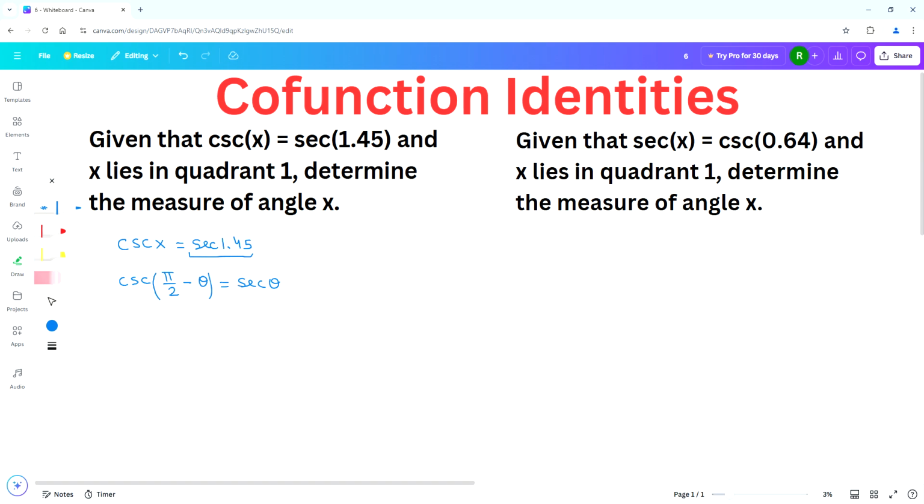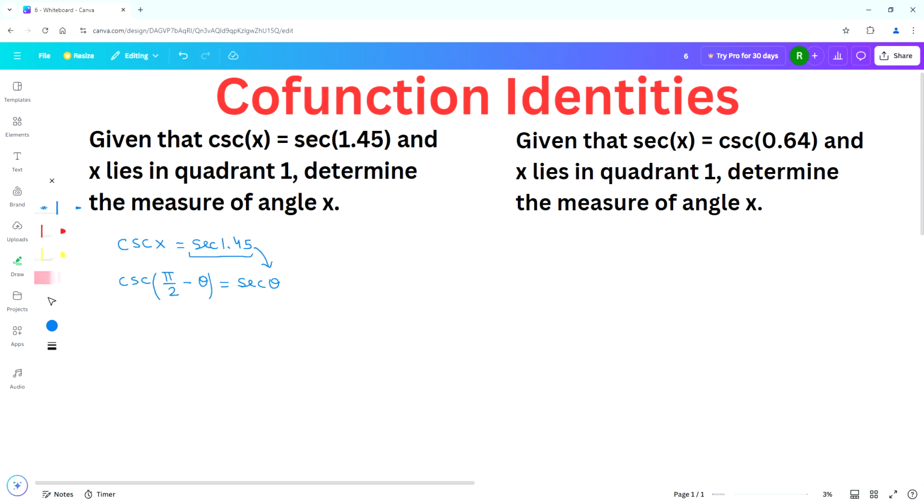We have to use this identity because in the given equation, the secant function is being applied to angle 1.45 radians. If we sub in theta as 1.45, we will be able to change the term secant 1.45 into a cosecant term.